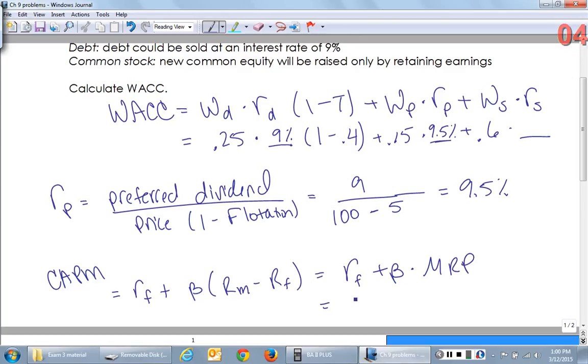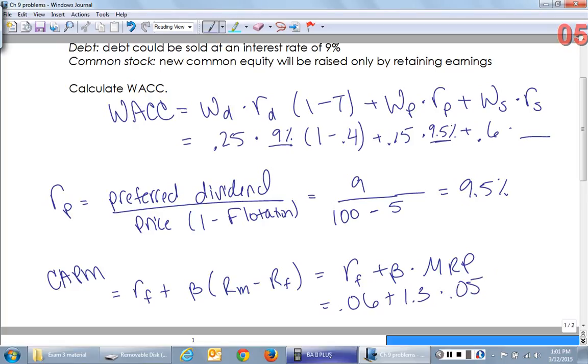So the risk-free rate is given to you in the problem. It says that the risk-free rate, the same as the Treasury bond yield, is 6%. Our beta is 1.3, and this problem gives us the market risk premium of 5%.